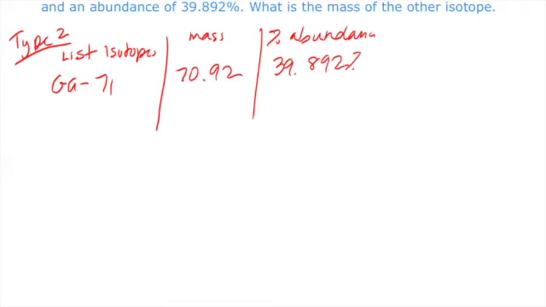And then it says, what's the mass of the other isotope? So I'm going to put a question mark there. We don't know the mass. We don't know anything about the second isotope.